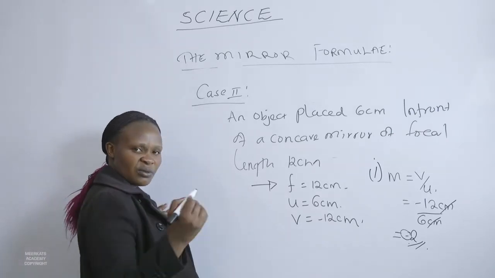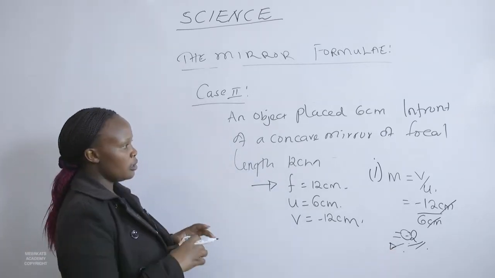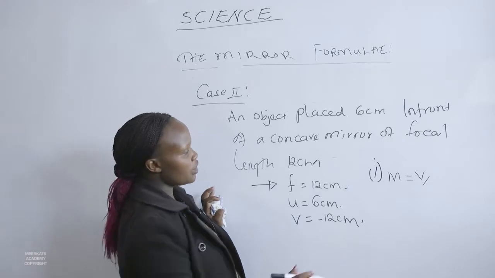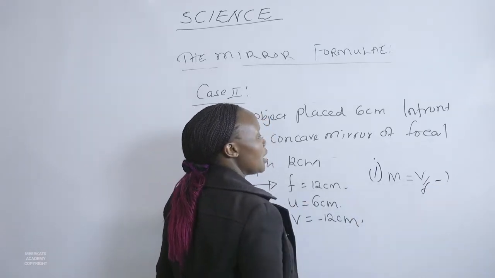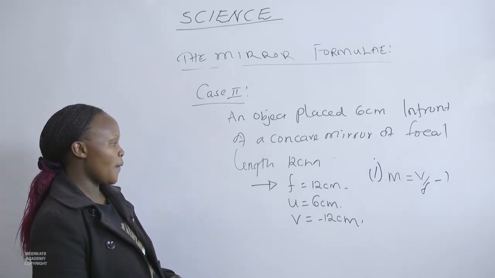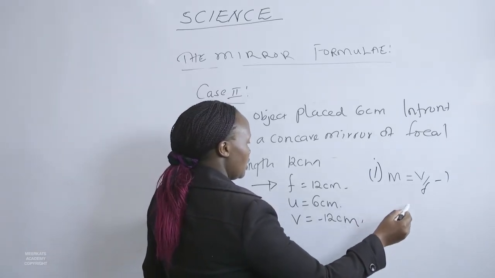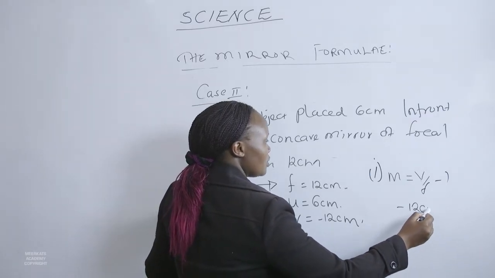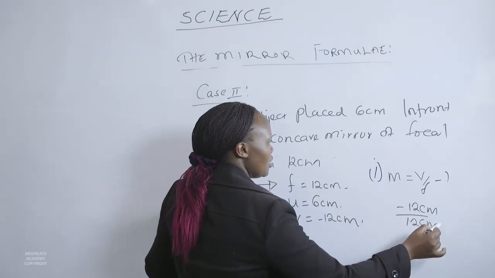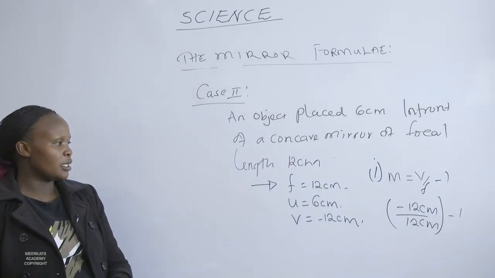Now, let us confirm our answer using our second method, where magnification is V over F minus 1. V is negative 12 centimeters, F is 12 centimeters, then the whole of that minus 1.